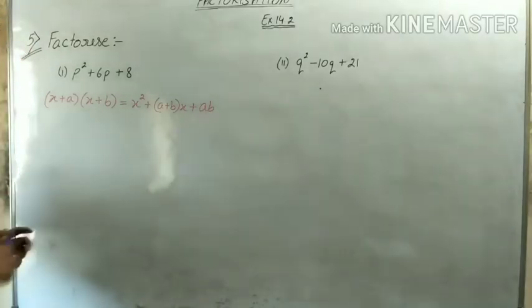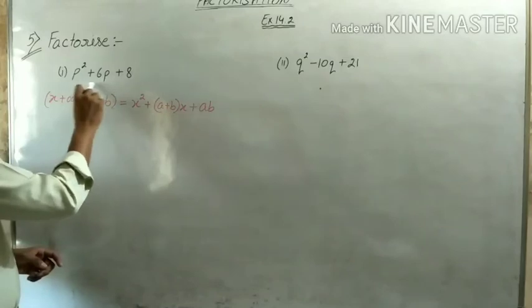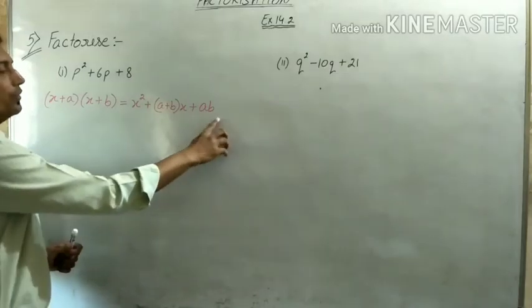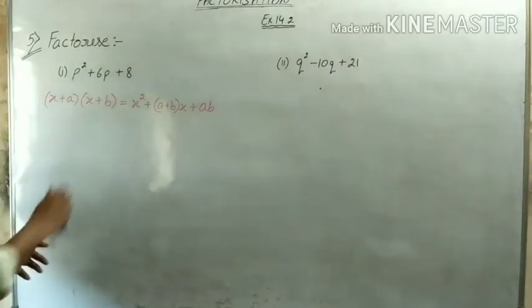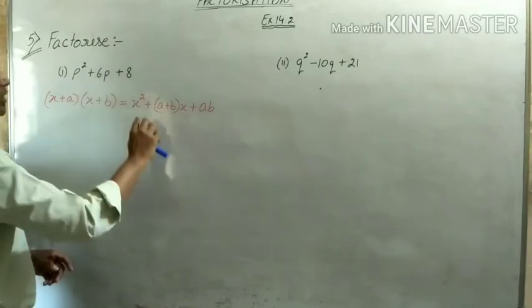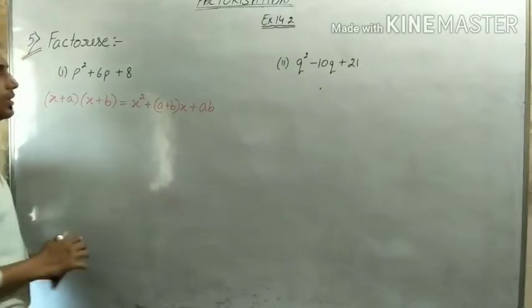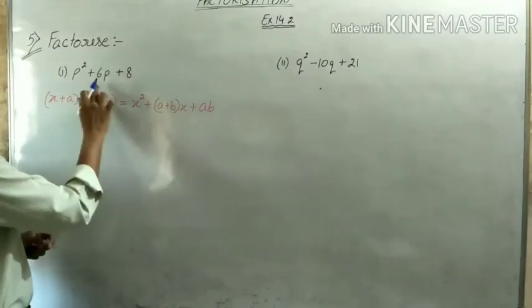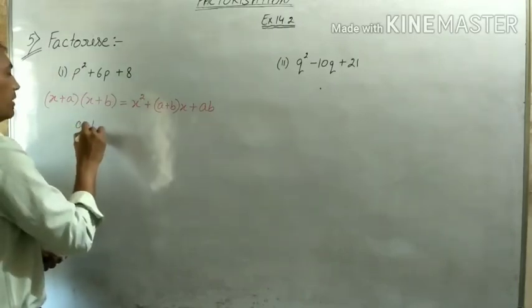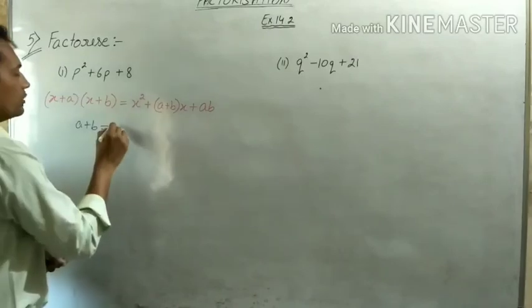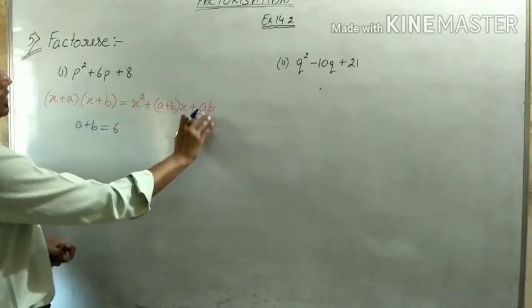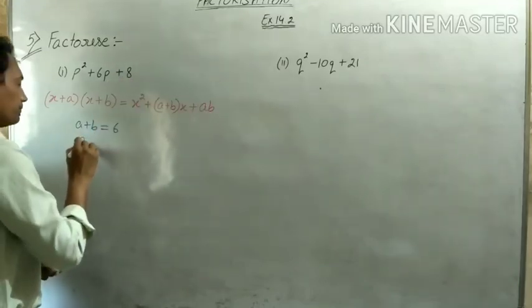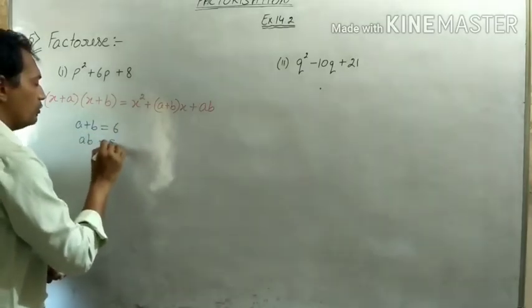So what we need to do here is modify this expression in such a way that it fits into the right hand side of the identity. In short, we need to compare this expression with the right hand side of the identity, and when you compare, you will easily find that a plus b is equal to 6, and a into b, the last term of the identity, is equal to 8.